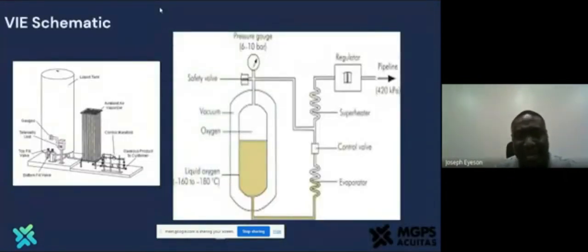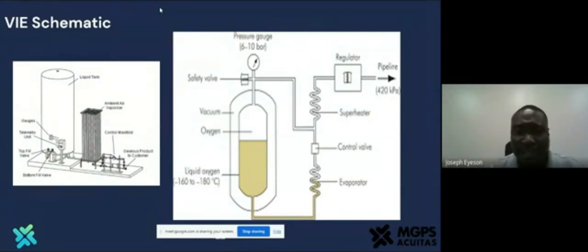This is a typical schematic, and as you can see on the far left, it shows the liquid tank and then the evaporators with the components. They always come with gauges, safety valves, relief valves, control valves, and a manifold to be able to control the flow of gas and the pressure that goes to the user point.